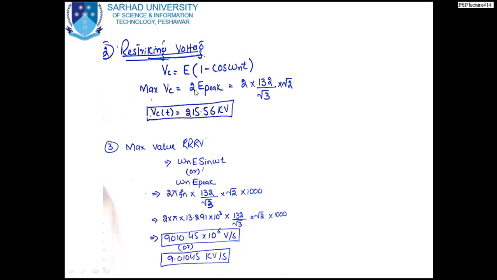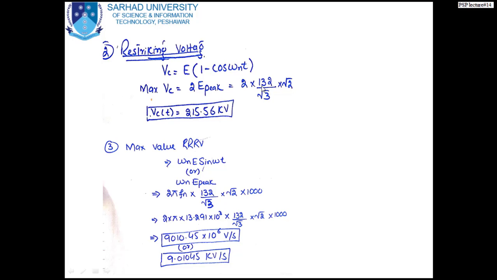Vc is the voltage across the contact of the circuit breaker, and its maximum is 2 E peak, because cosine omega n t is equal to minus 1 at the angle pi, so 1 minus minus 1 is equal to 2. So 2 E peak.